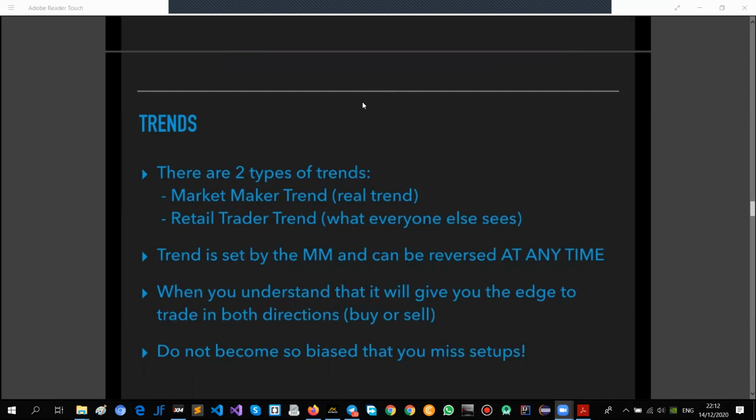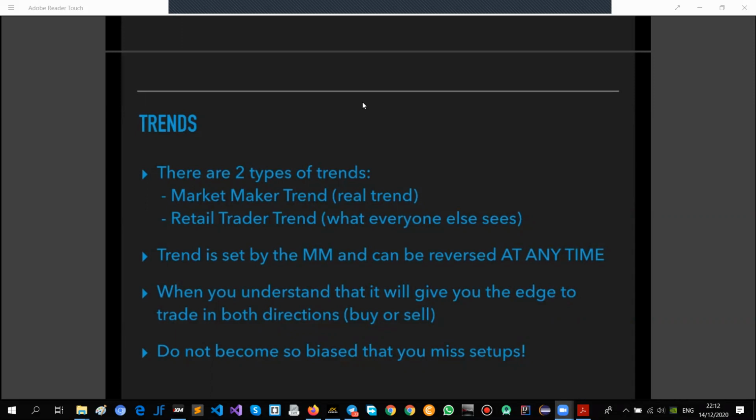The retail trader trend is what everyone else sees. The market maker trend is the real trend, the one used by the market maker. That's why it's called the market maker's trend.